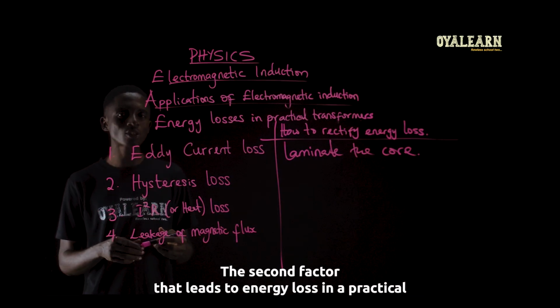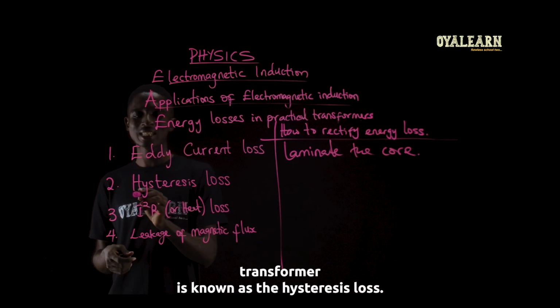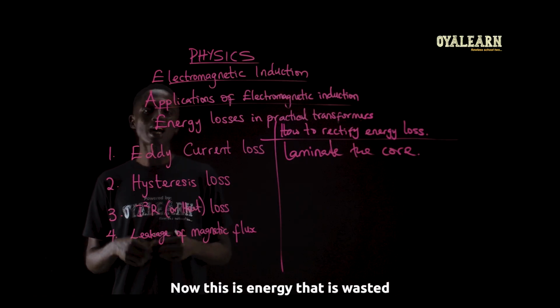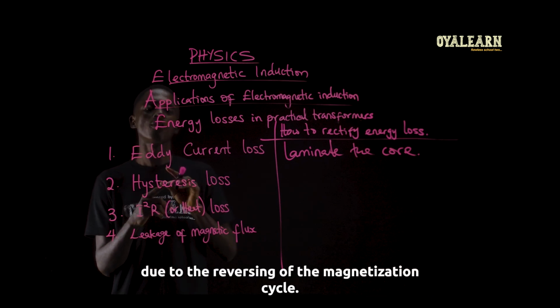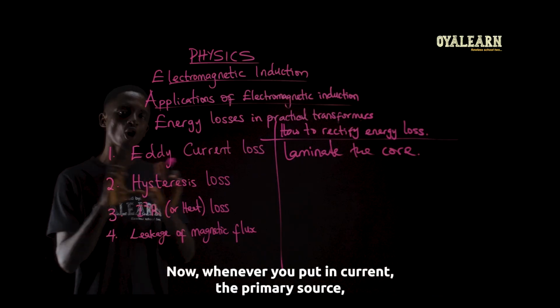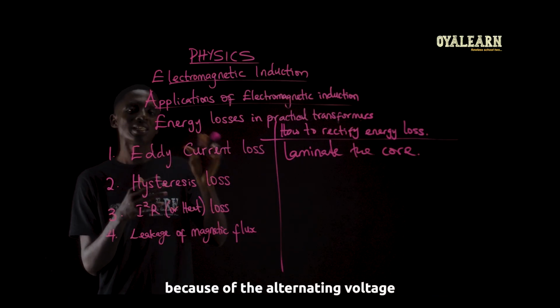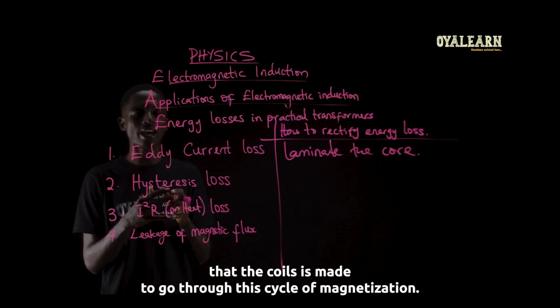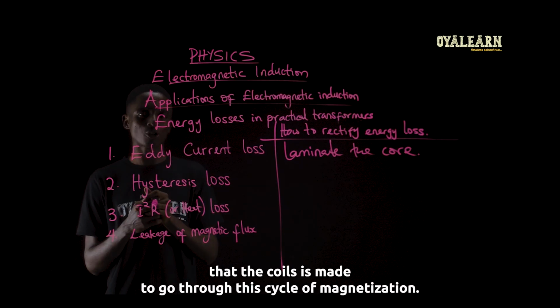The second factor that leads to energy loss in a practical transformer is known as the hysteresis loss. This is energy that is wasted due to the reversing of the magnetization cycle. Whenever you put in current at the primary source, because of the alternating voltage there, the core is made to go through a cycle of magnetization.